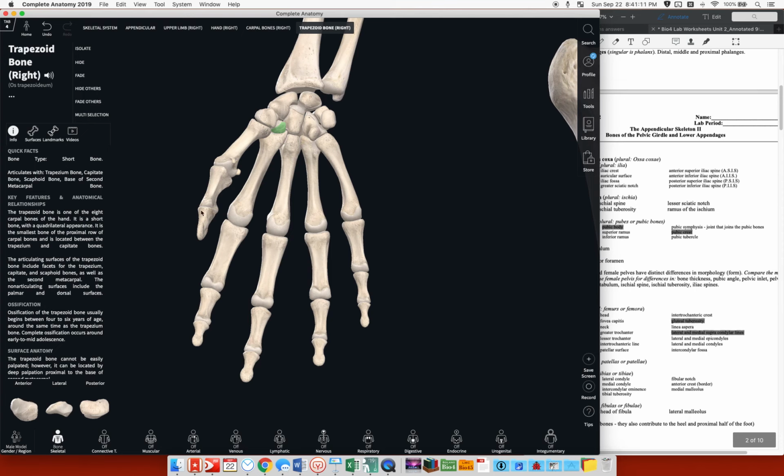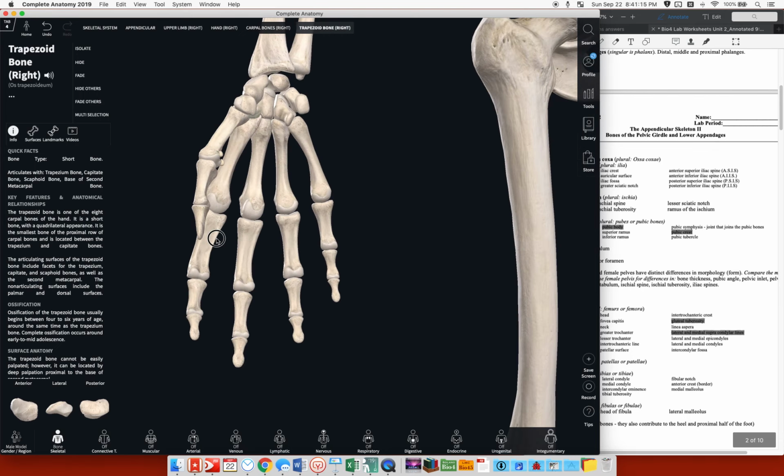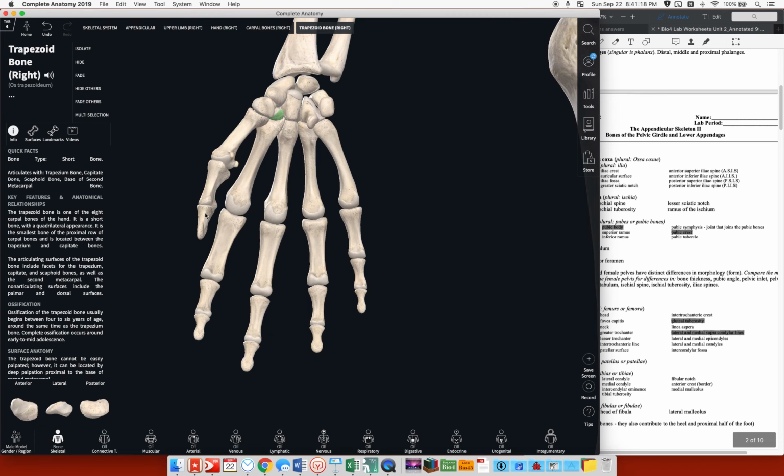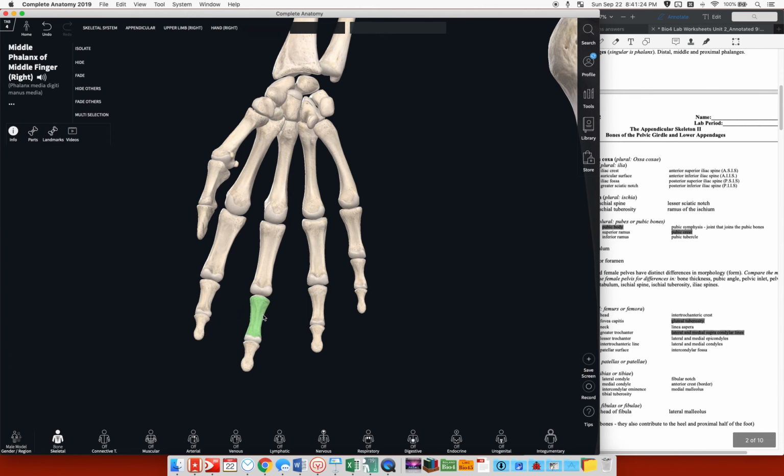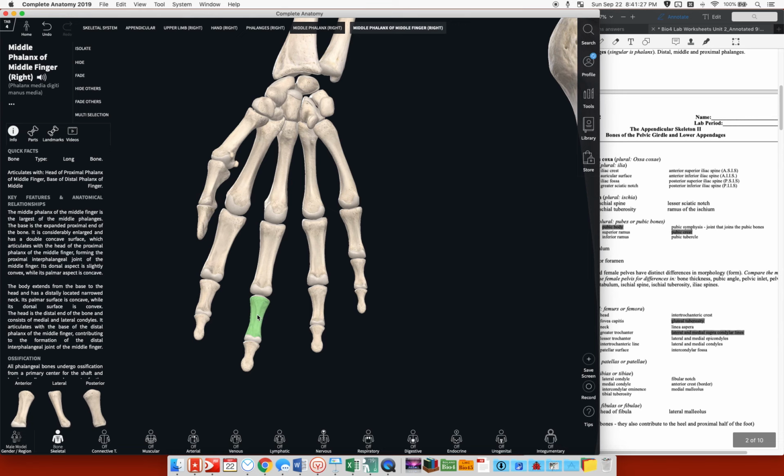Whereas your thumb, the first digit, just has proximal and distal. So this will be the first distal phalanx of the right hand. This one will be the third middle phalanx of the right hand, etc.